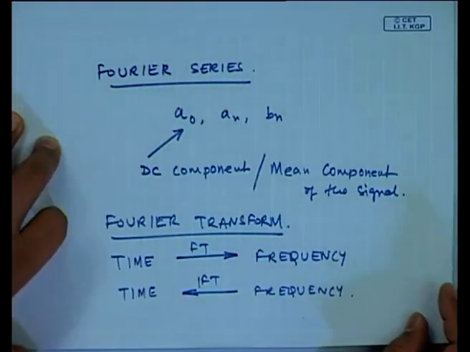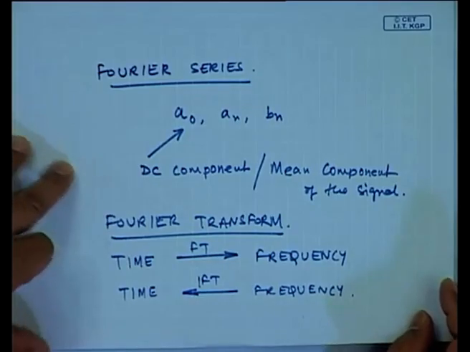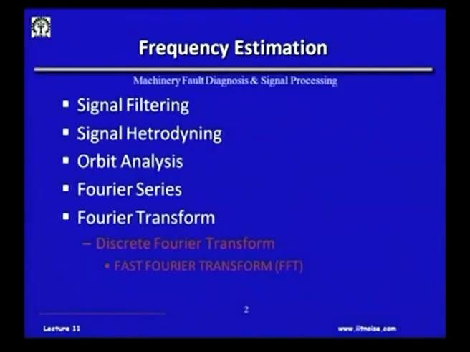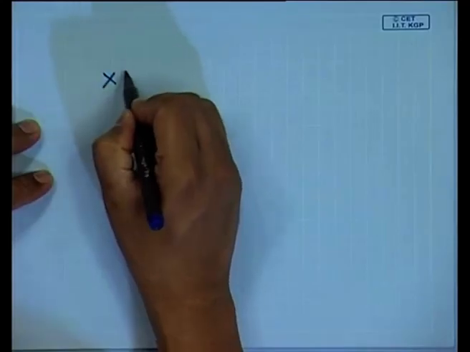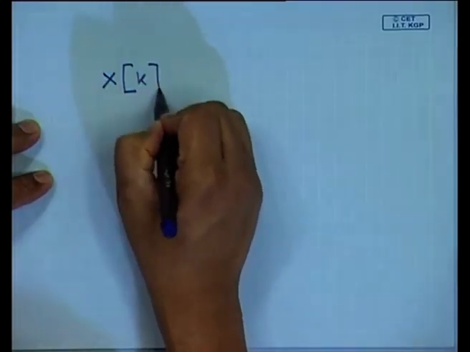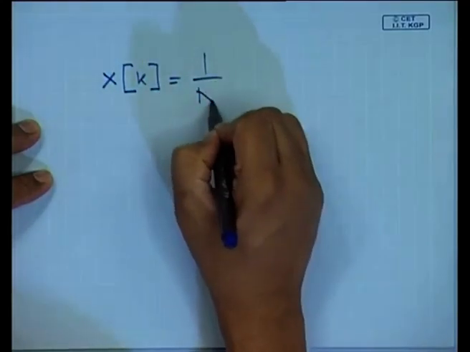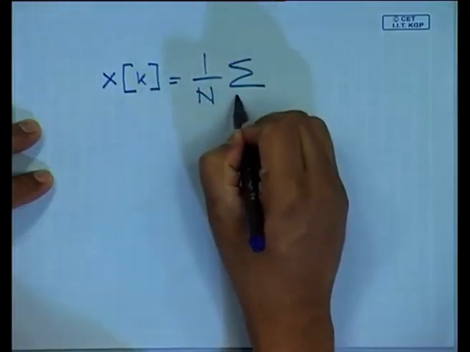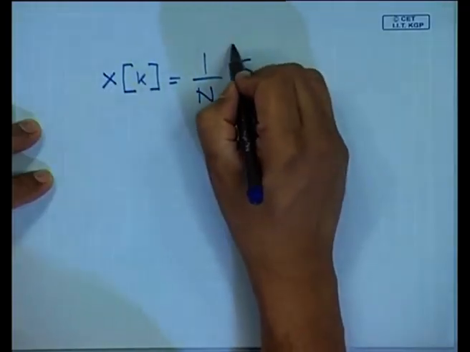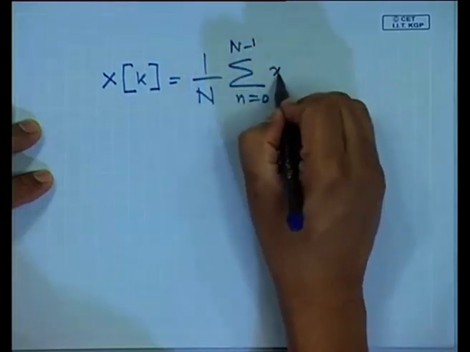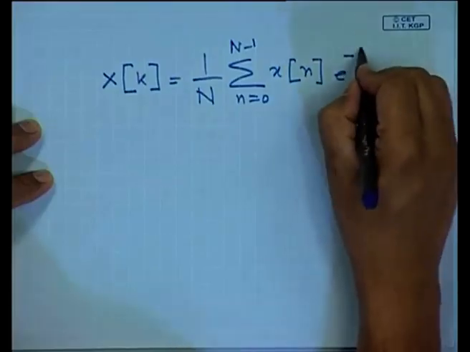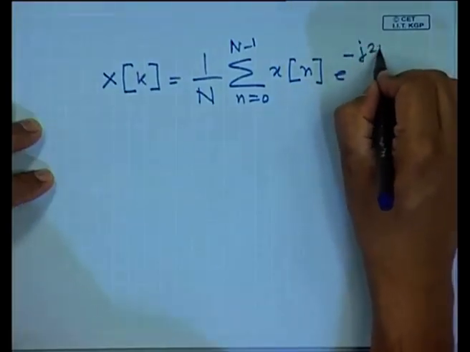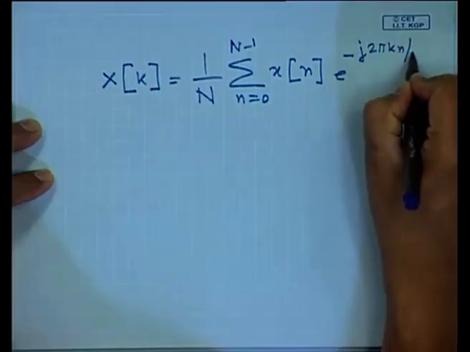But this Fourier transform can be done mathematically. If you look at this signal x k, this is nothing but the digital representation of this transformation from the time to the frequency domain.